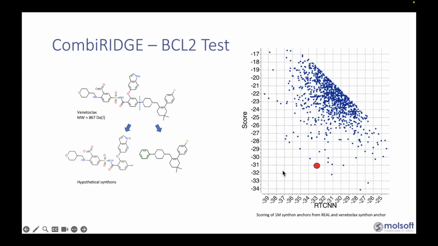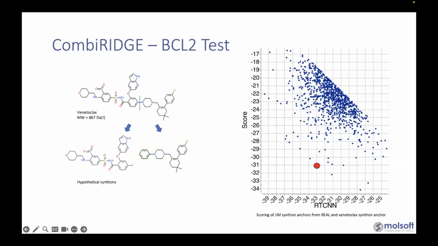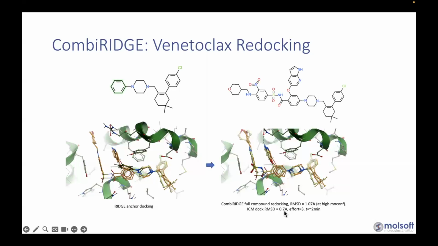And then after CombiRIDGE enumeration with ginger and pose minimization, venetoclax was successfully redocked within 0.7 angstrom. So you have the anchor, and then this extremely large molecule was built using ginger and CombiRIDGE on top of the original anchor here and docked extremely well compared to the PDB.